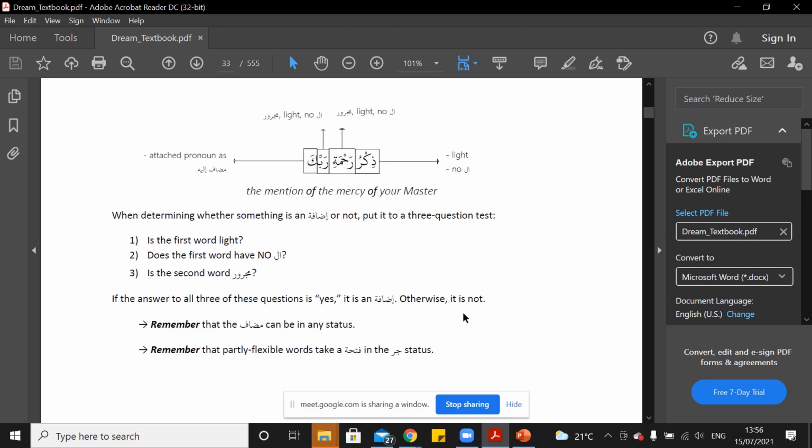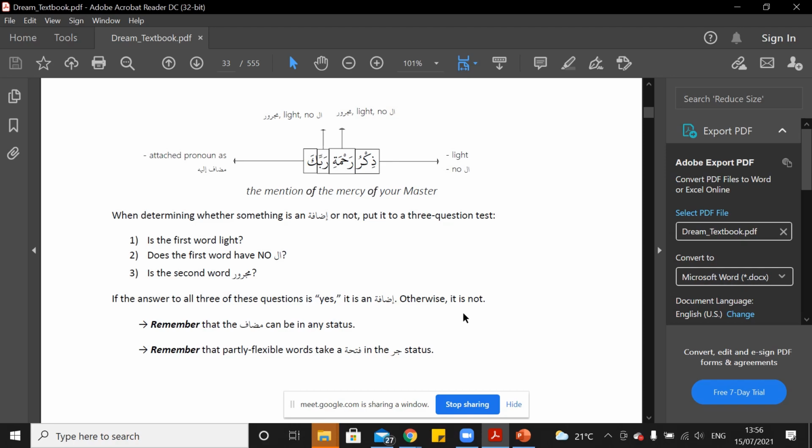Yes, we have to check the word before it. It is Rabbi, and it can be mudaf because there is no alif lam and no tanween. That's why the ka is jar, not nasab here, right? Yes.